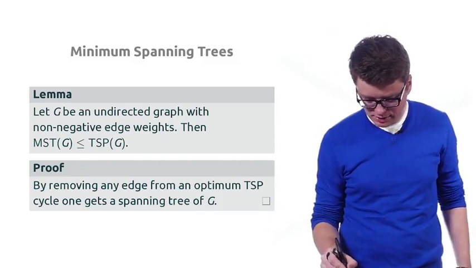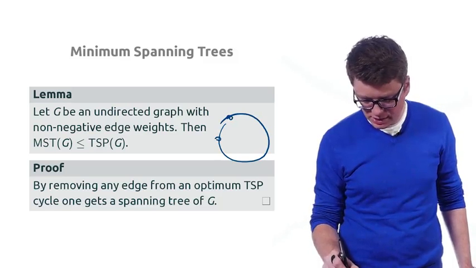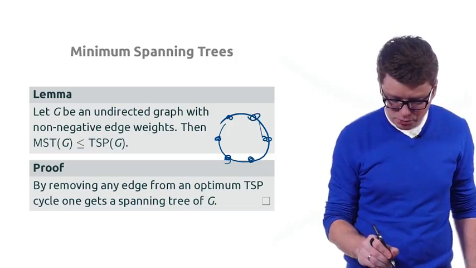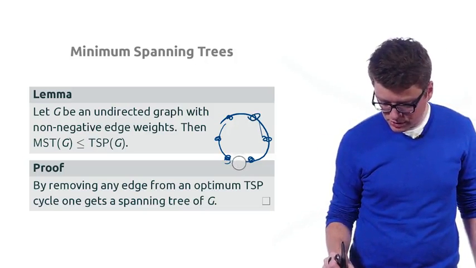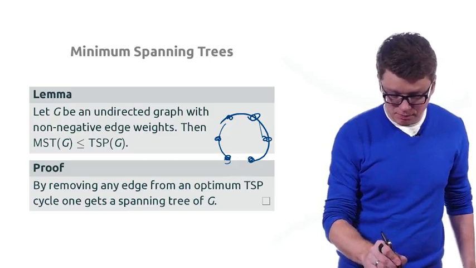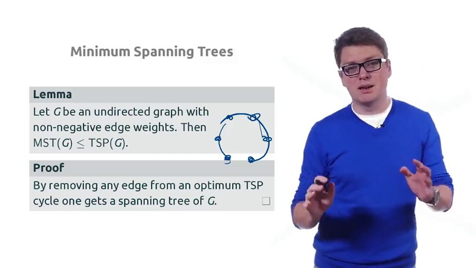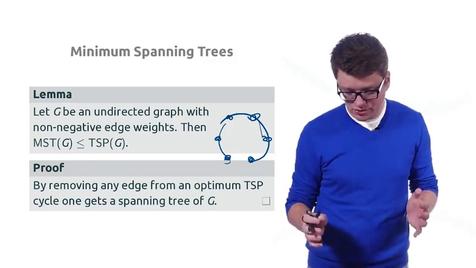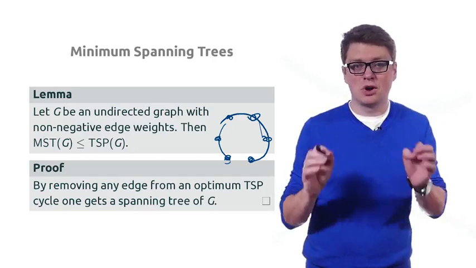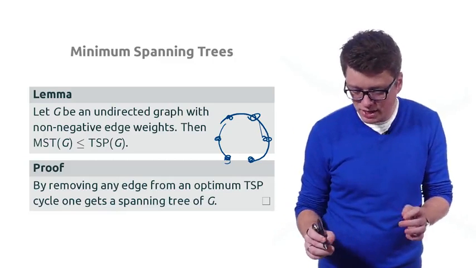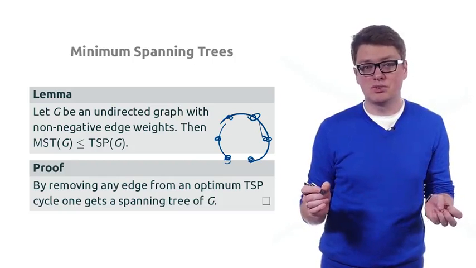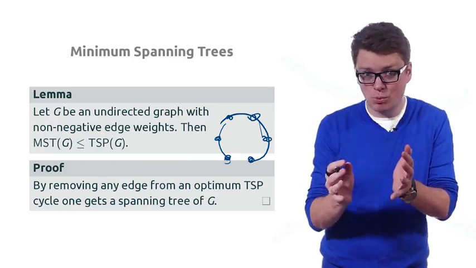If we consider an optimal cycle in this graph, it looks somehow like this, and then we remove some edge from this cycle, for example this one, then what is left is actually some spanning tree in this graph. Why is it a tree? Well, it is just a path, and a path is a special case of a tree. This is just a non-branching tree, right? This is some tree, and its weight is at least the weight of the minimum spanning tree. So the minimum spanning tree is the minimum one, right?